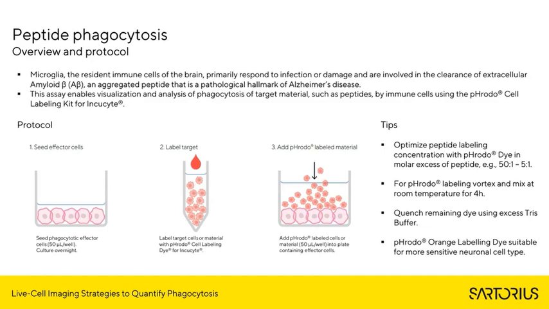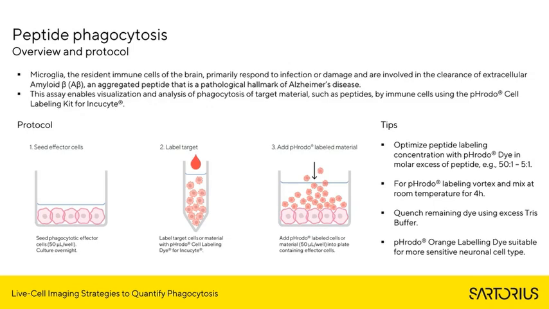Additionally, during the labeling step, we recommend vortexing and mixing the dye and peptide mixture at room temperature for 4 hours. And you'll notice that this is a slightly longer incubation time than what we recommend for the labeling of cells. Following the labeling of peptides, we recommend quenching any remaining dye using an excess tris buffer.